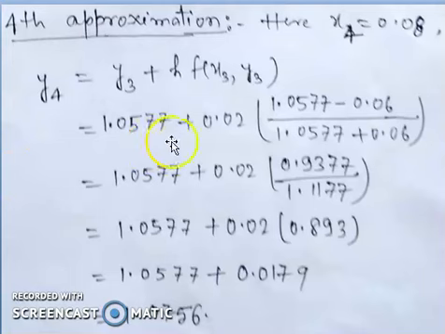Now the fourth approximation: the fourth interval is 0.08, and the formula for the fourth approximation is y4 equal to y3 plus h of f of x3, y3. On substituting the values, we get y4 equal to 1.0756.